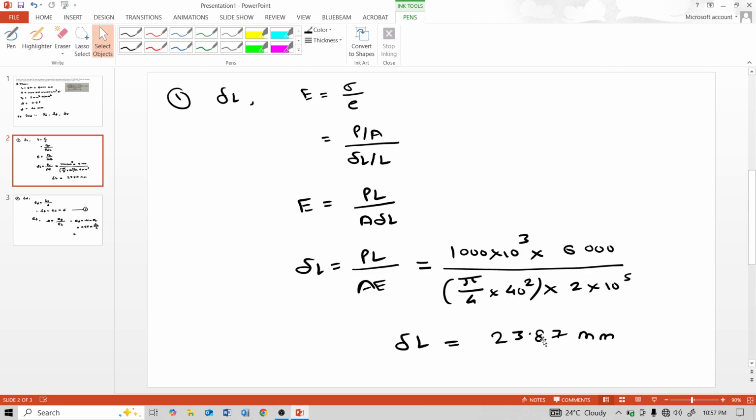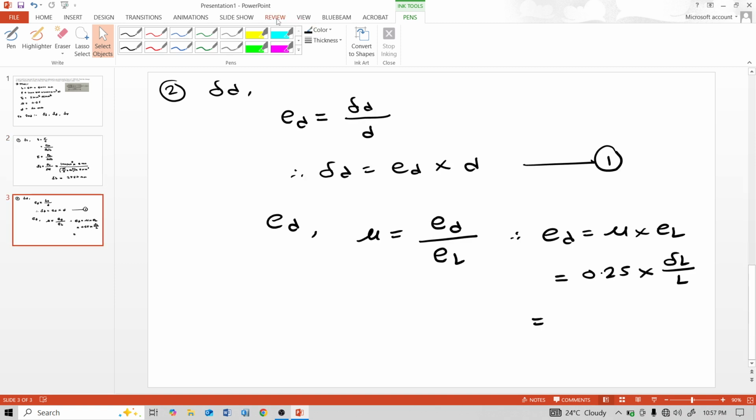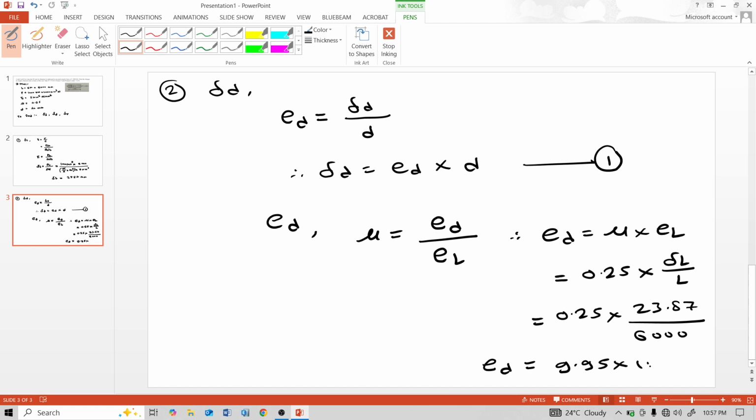Change in length is 23.87, which we calculated in step 1, divided by L, length of that steel rod, 6000 mm. So 0.25 into 23.87 divided by 6000. Lateral direction strain comes 9.95 into 10 raised to minus 4.